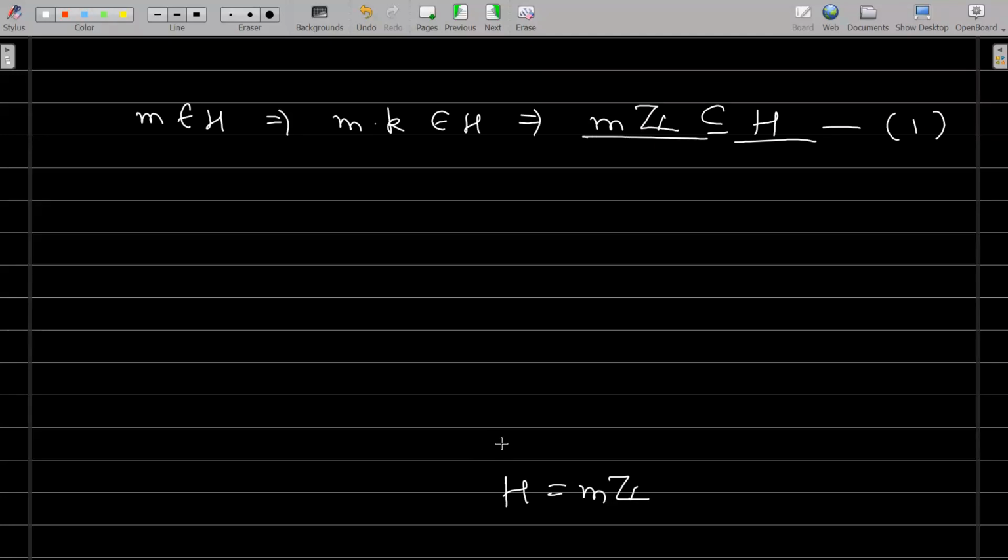The main part is to show that every element of H is of the form MZ. If I prove this, then 1 and 2 will imply that they are actually equal. MZ is a subset of H, H is a subset of MZ. So 1 and 2 will imply H is equal to MZ.